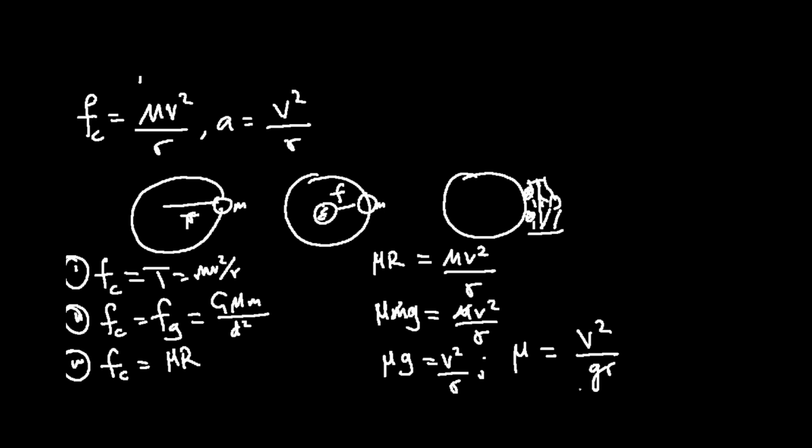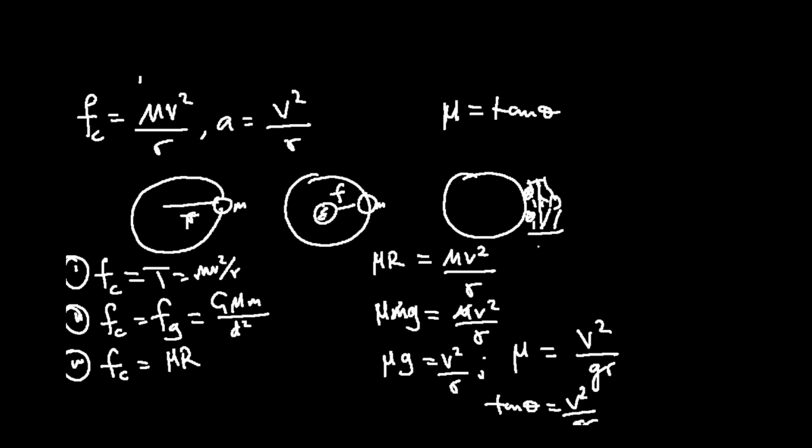The question is, at what angle will the bike man place the bike? So for me to get the angle, I need to recall that mu, which is the coefficient of friction, is given as tangent of theta. So if I replace that, I will have that tangent of theta is v squared over gr.